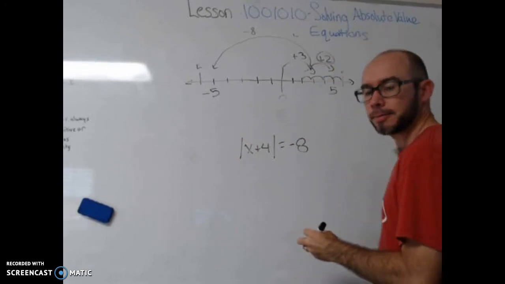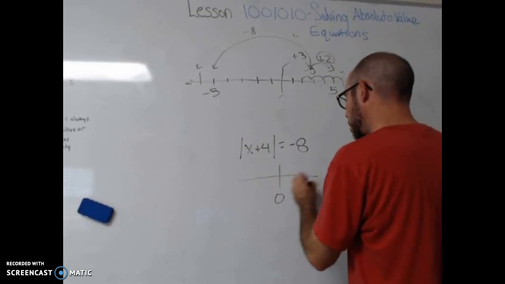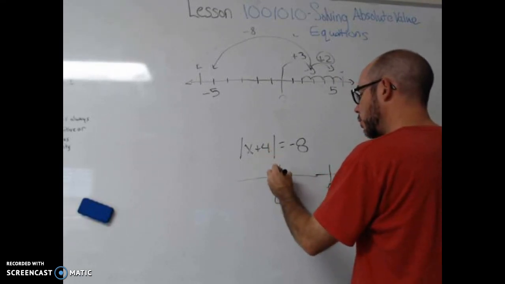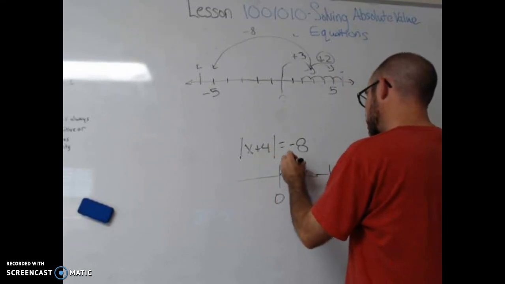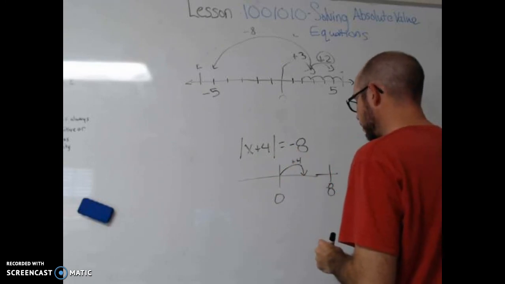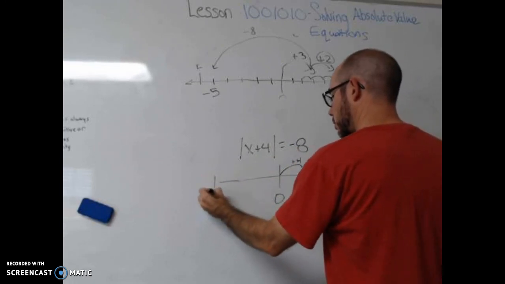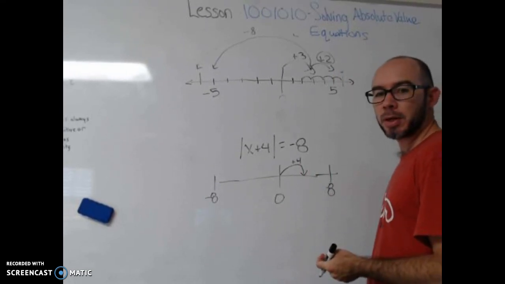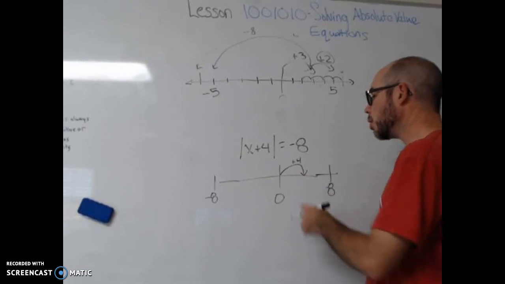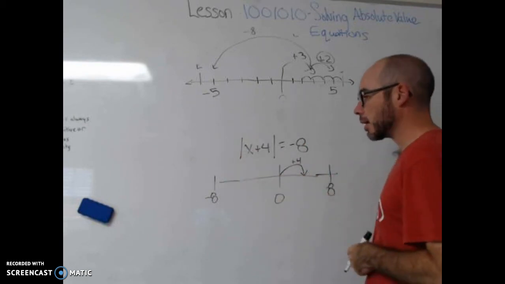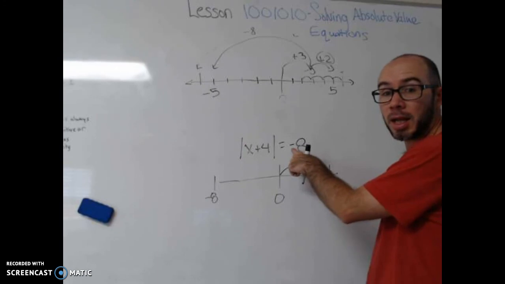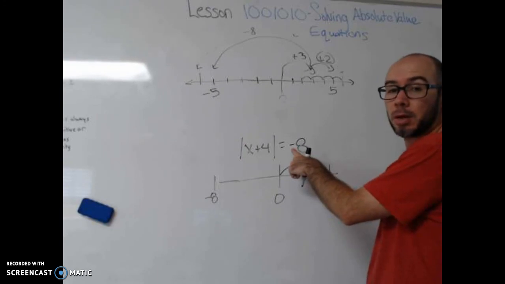this right here. And I'm going to go ahead and make that number line. I'm going to put an 8 out here, and I take a plus 4 jump. The problem is, once I've taken that plus 4 jump, there's no way for me to find a value for x that's going to work here to generate a negative answer.